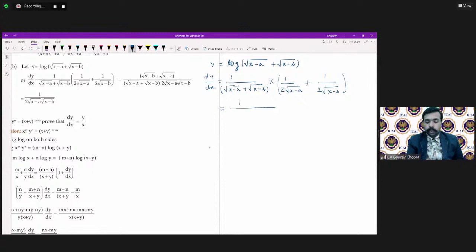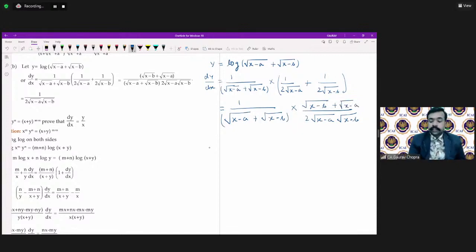So it is 1 upon root of x minus a plus root of x minus b, multiplied with the LCM, which is 2 root of x minus a and root of x minus b. This is the LCM. Now what we'll get is root of x minus b plus root of x minus a.